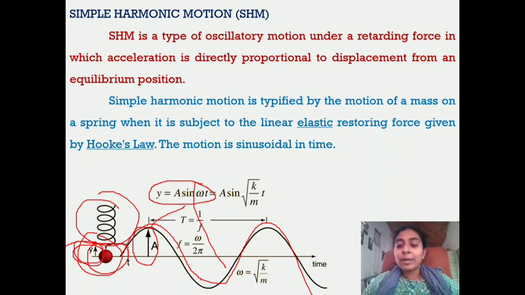This wave is a sine wave, so it can be represented by sine with amplitude A, where omega is the angular velocity and t is the time. This omega is equal to root of k by m. We will see in the next portion how it occurs. Now, this time period t is equal to 1 by frequency. So frequency is equal to omega by 2 pi.